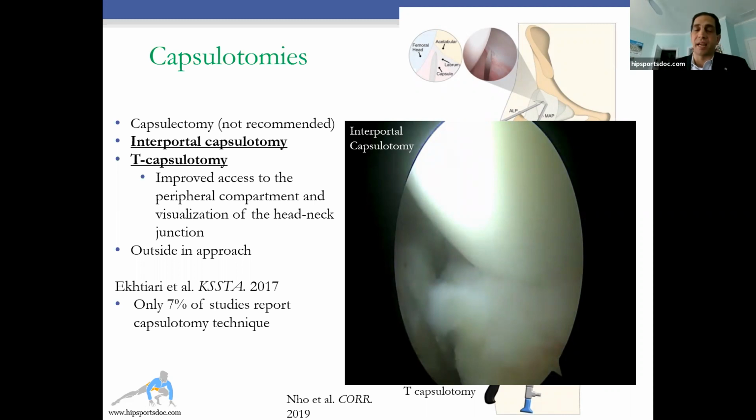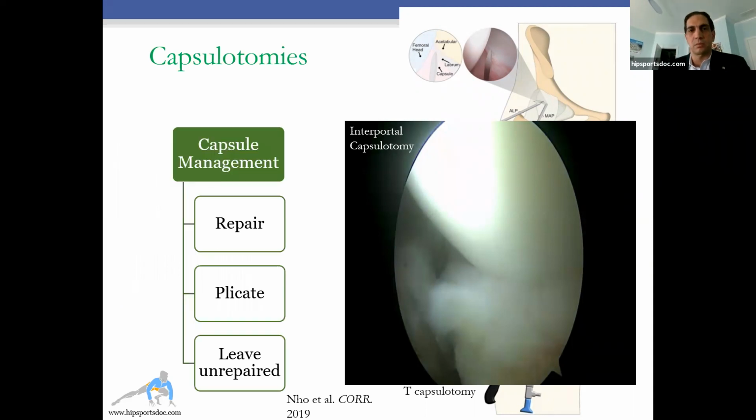And when looking from the anterolateral portal, it can be extended a little more antero-inferior to increase visualization, which can be especially helpful once the femoral osteoplasty, the CAM treatment, is performed. So the management options are repair, plicate, or leave unrepaired.